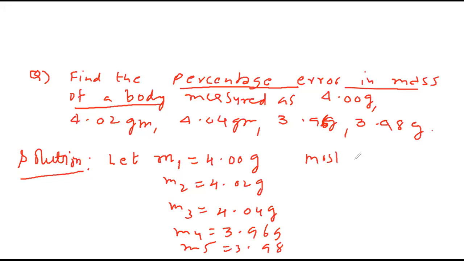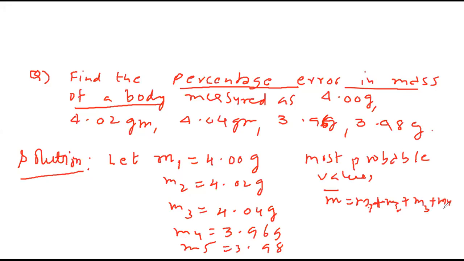Most probable value is arithmetic mean. So it will be M1 plus M2 plus M3 plus M4 plus M5 divided by 5.